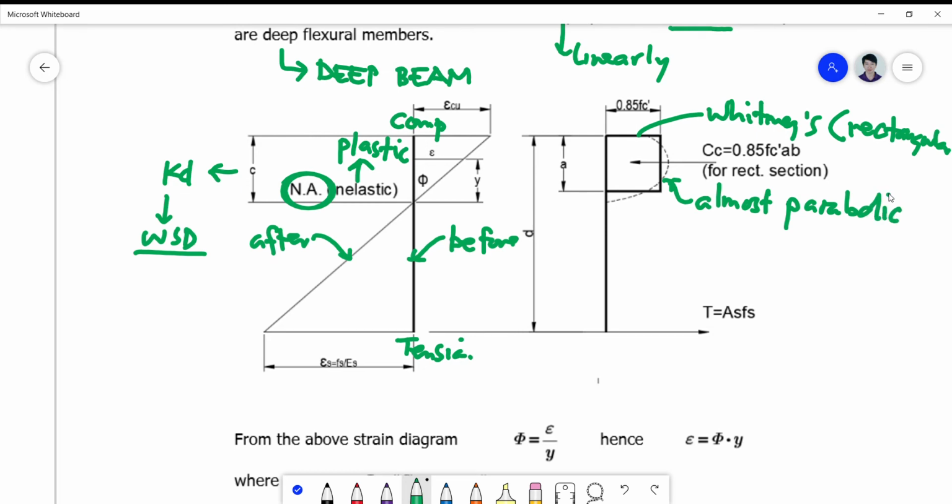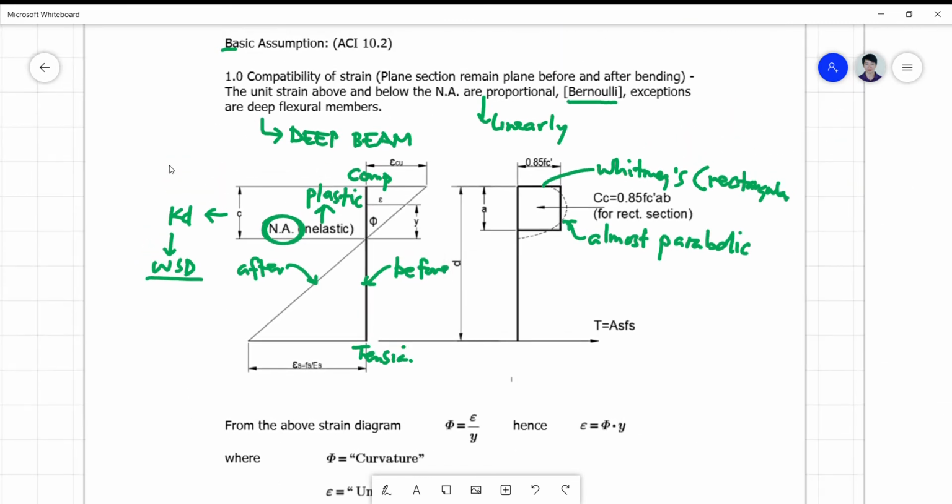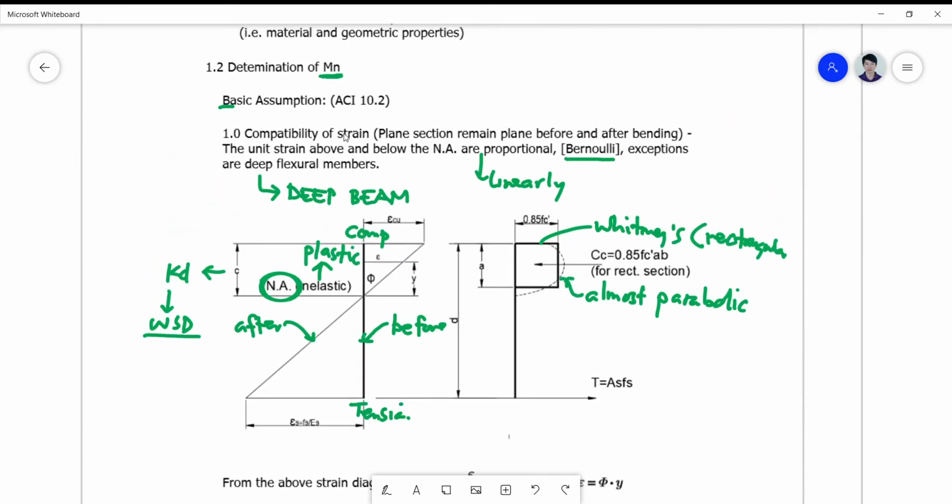If you will look into the test conducted by the PCA, the Portland Cement Association, and the modified models by Hognestad and so forth. Okay, so we have now here the two diagrams which are needed to come up with the determination of the value of your Mn. Without this diagram here, we cannot solve Mn. So we need the strain and the stress distribution diagram.